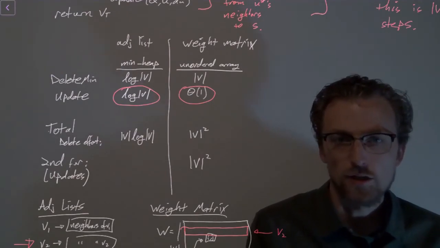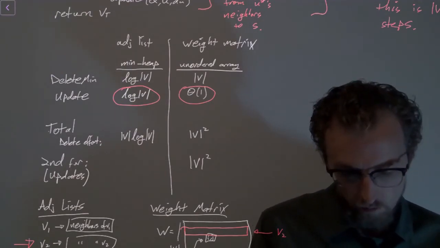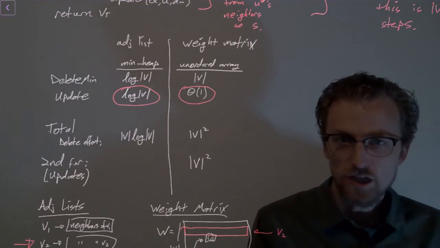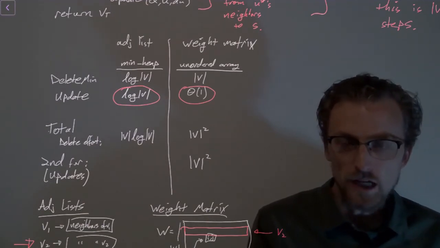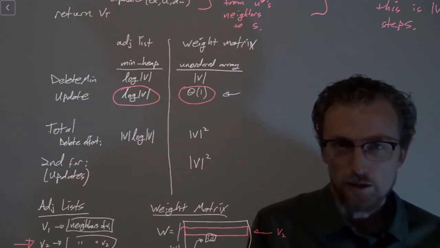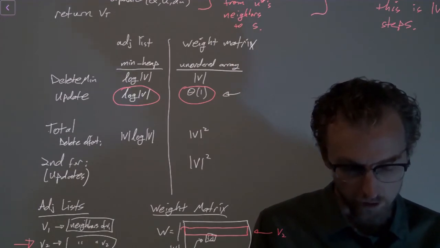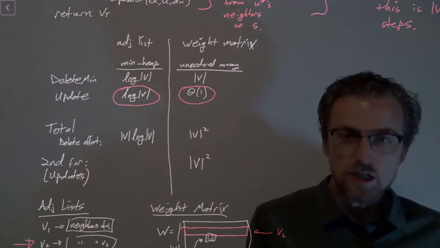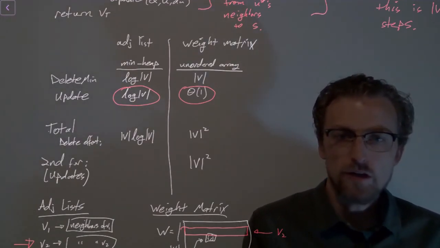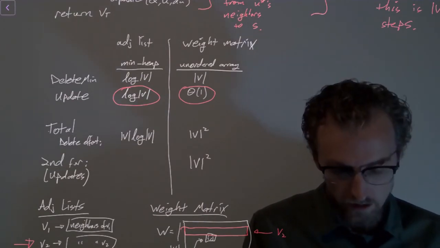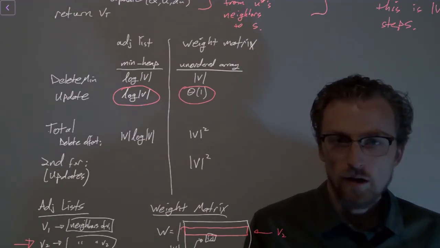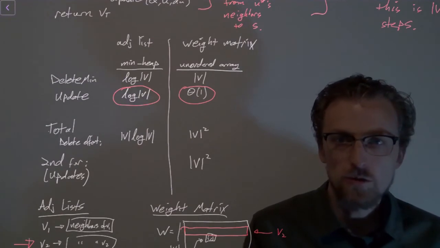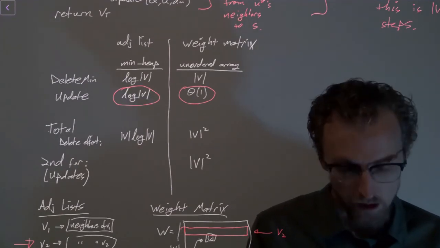Nothing new here. Some of those ticks of the for loop will involve an update, but the update is basically free, so we don't care about that very much. So now let's think about what happens if we've represented our graph as an adjacency list, and we're going to use a min heap for our priority queue.